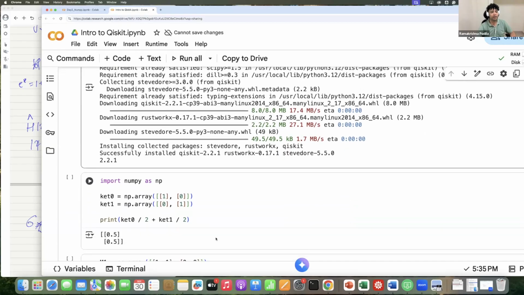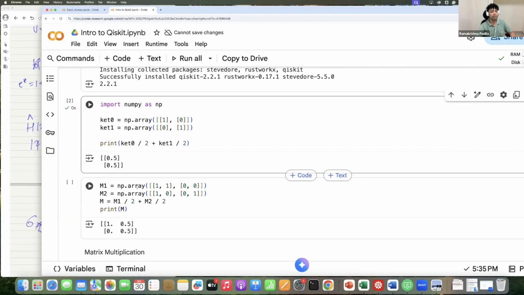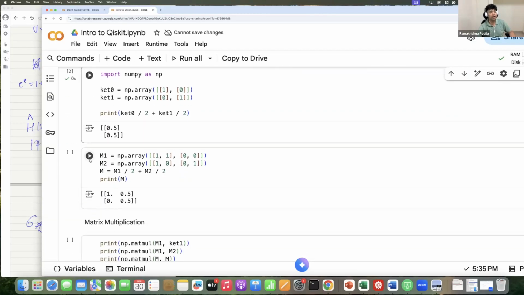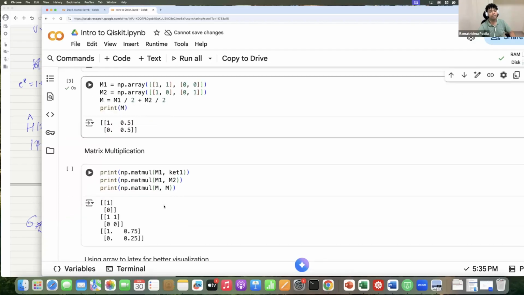If you're using an older or newer version, then some commands may look a little bit different. So now I'm just going to start with defining kets 0 and 1, like how we used NumPy. We import NumPy as np and define these kets 0 and 1, just like how we defined 1, 0 and 0, 1 column vectors. And then you can do addition, multiplication, all those sorts of things. Then we are defining M1 and M2, some matrices, just to show you how you define matrices, and then you can do the matrix multiplication.